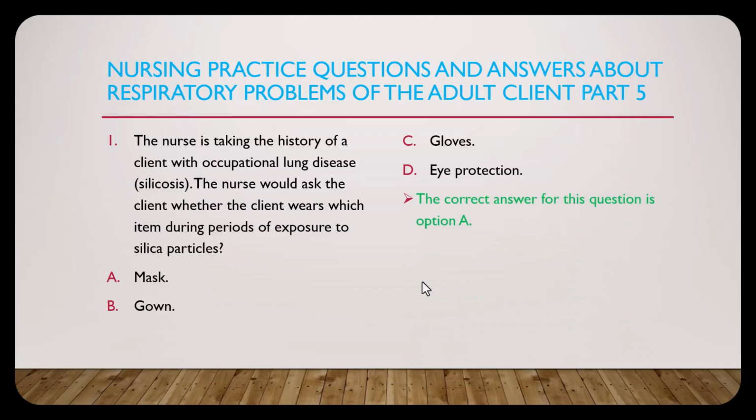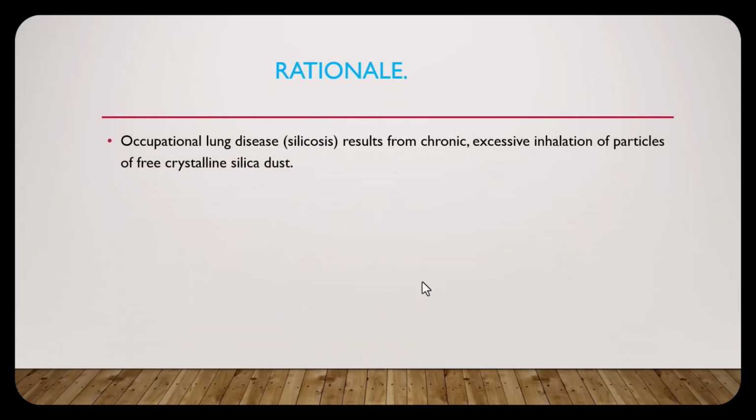Now for this question, the correct answer is option A, mask. Now let's move to the rationale. Occupational lung disease results from chronic excessive inhalation of particles of free crystalline silica dust.